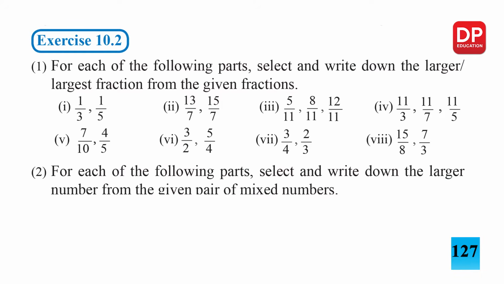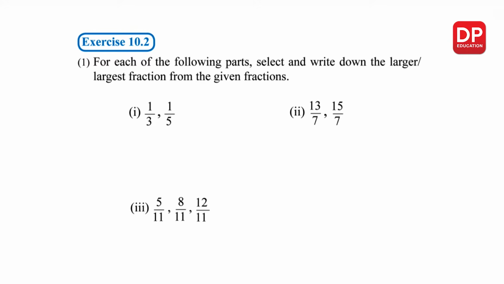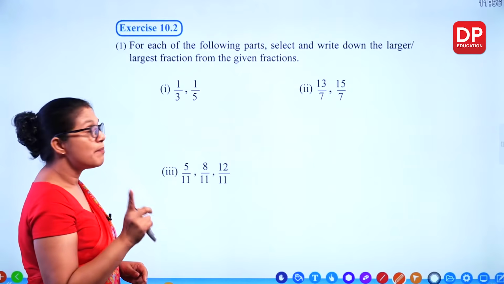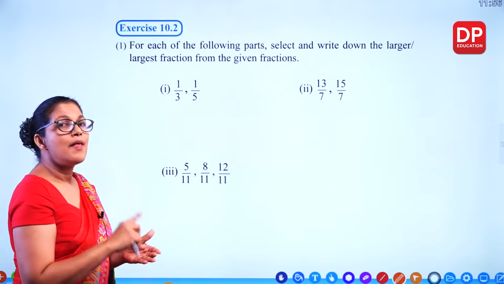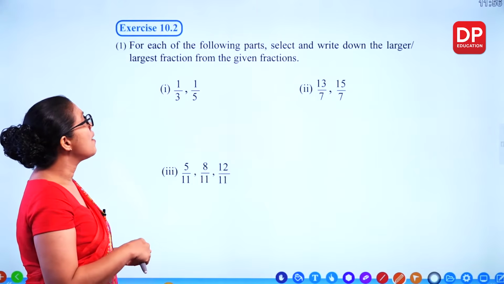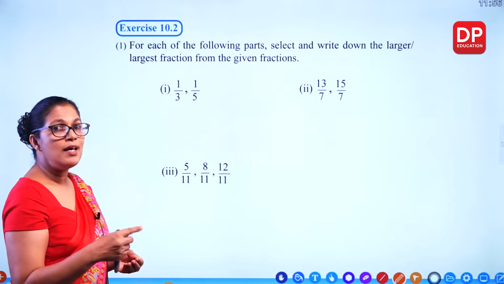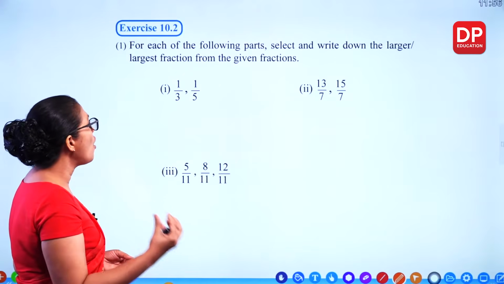Exercise 10.2. For each of the following parts, select and write down the larger or largest fraction from the given fractions. The numerators both are 1, so you can compare with the denominators. As the denominator becomes larger and larger, the value becomes smaller.